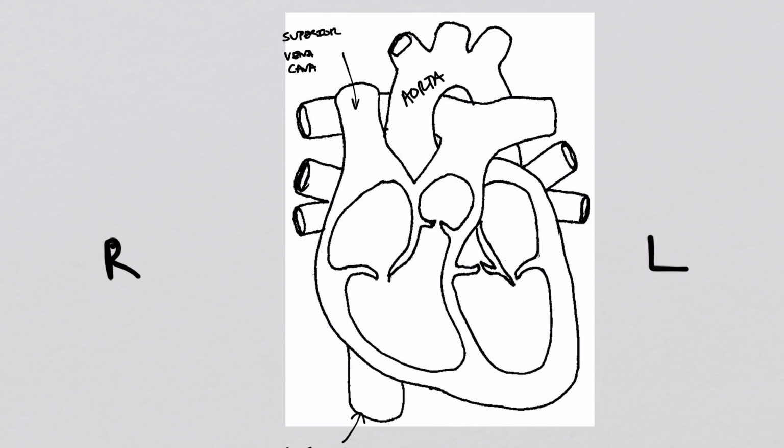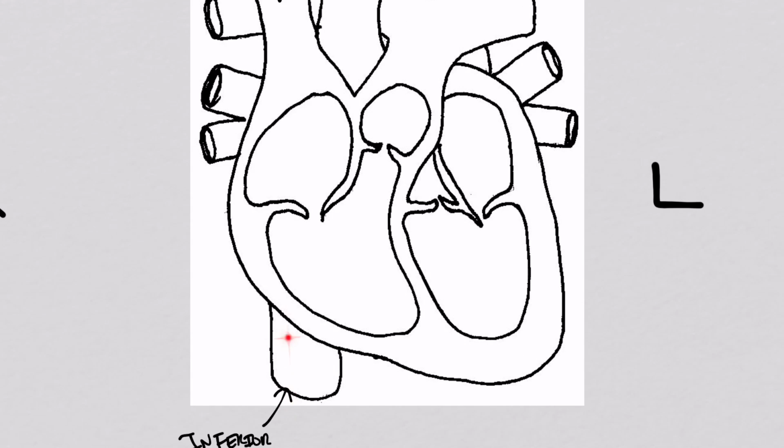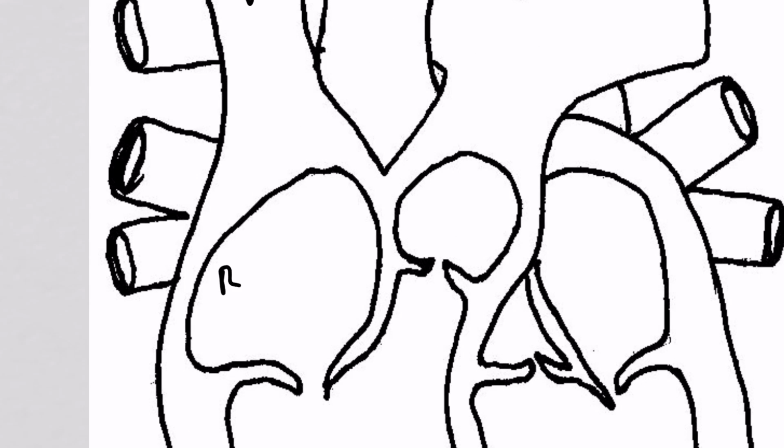And these both dump into this area right in here. It's easy to see the connection here, but a little bit more difficult to see the connection here. But they both dump into this space right here, which is called the right atrium.